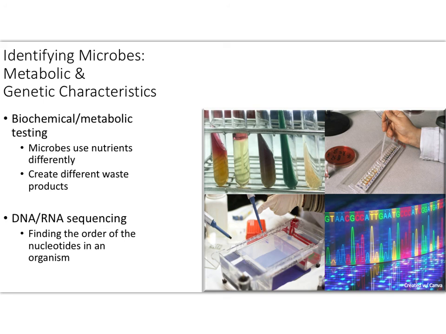Because every organism on Earth has its own unique sequence of A's, G's, C's, and T's, we can identify microbes based on this type of genetic testing. We can also identify people and plants and animals based on that type of genetic testing as well. So it's a similar method in terms of identifying a person and identifying a microbe looking at the genetic material.